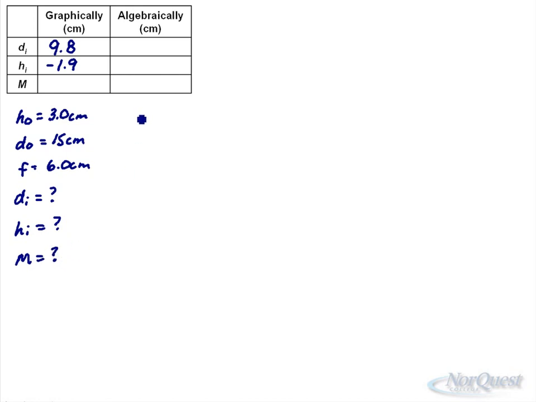Use the same formula. 1 over f equals 1 over distance of the image plus 1 over distance of the object. Again, manipulate for the image. So it'll be 1 over f minus 1 over distance of the object.